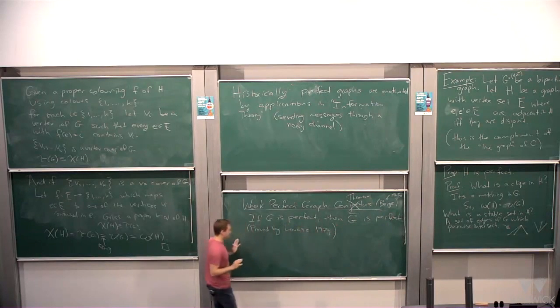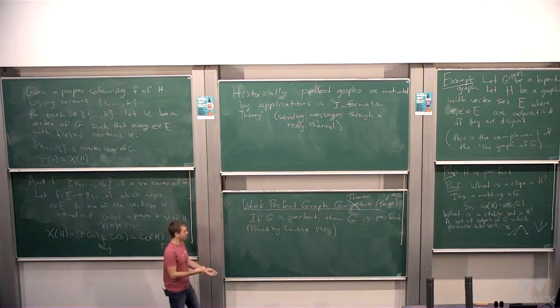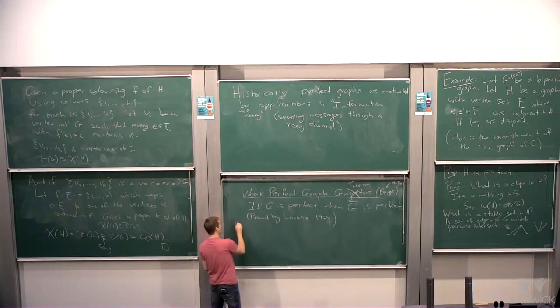Okay, it still doesn't really tell you a lot of information about the structure. So that was the strong perfect graph conjecture.